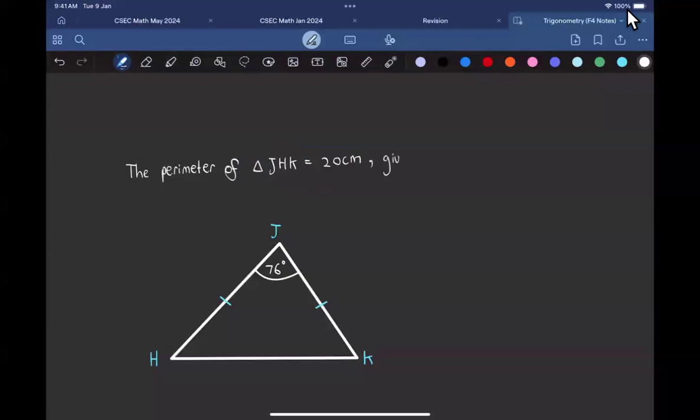Given that the triangle is, Rihanna, what kind of triangle is it? What do we know about triangles? I have these two things on either side. I don't know if I formally showed you what we call that.